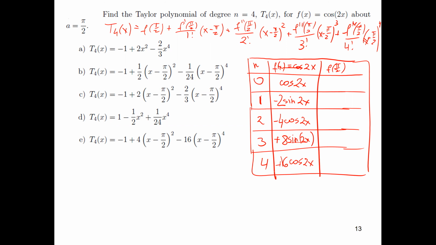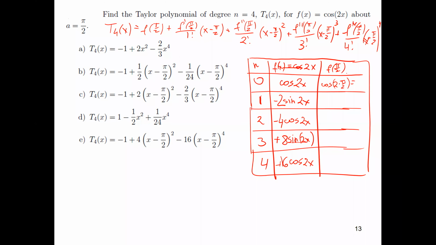Now, instead of x, I have to substitute pi over 2. Cosine at 2 times pi over 2 gives me pi. What's the value of cosine at pi? Are you still there? I know the session is a little bit longer. Cosine at pi is negative 1. Thank you.